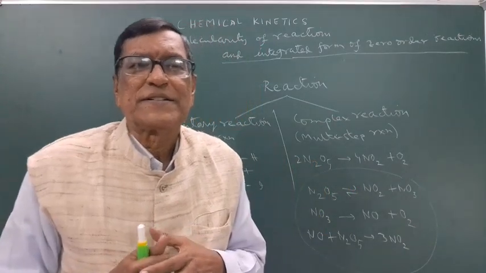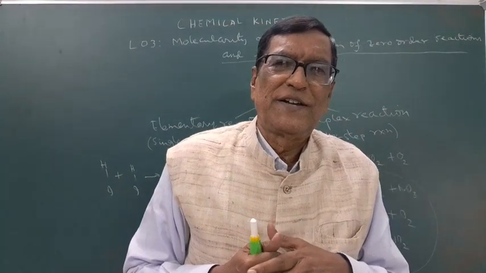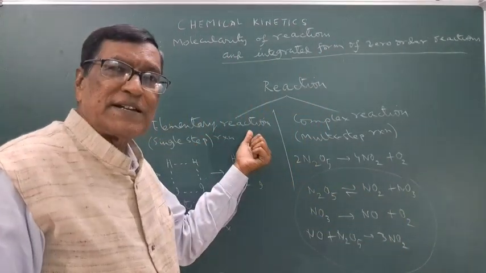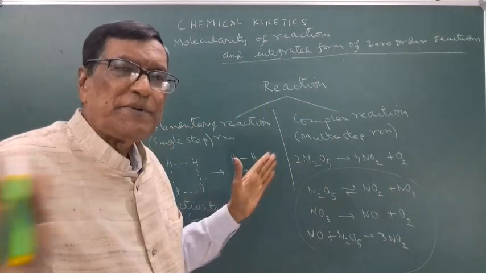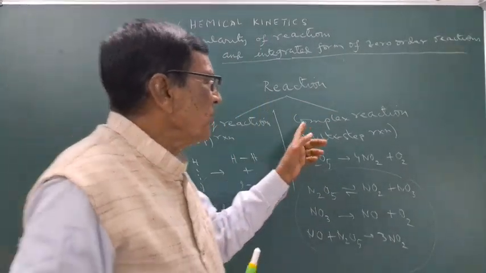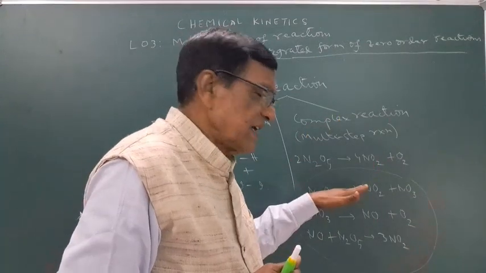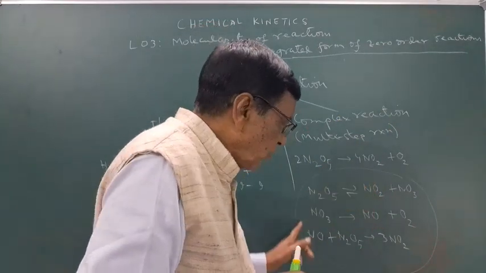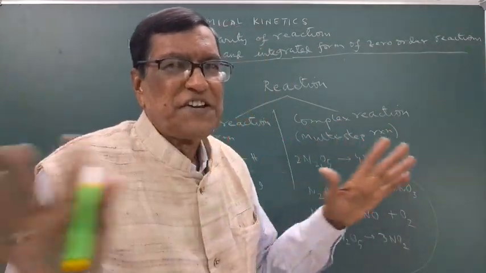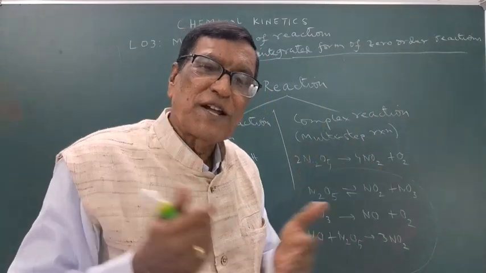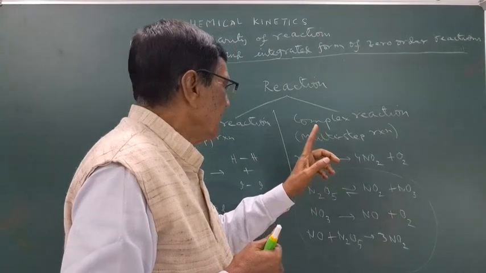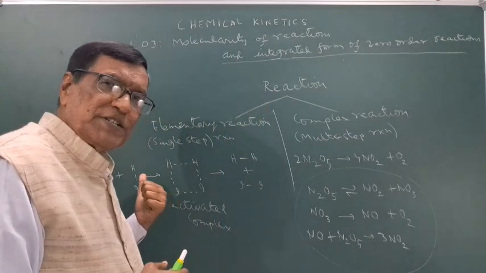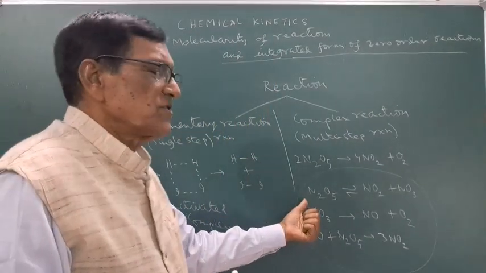So this is the difference between order and molecularity. In case of elementary reactions, molecularity can easily be identified. But in case of complex reactions, each step has its own molecularity, but the total overall molecularity is meaningless. In case of order, both reactions can be identified with an order. This is a second order reaction, this is a first order reaction.